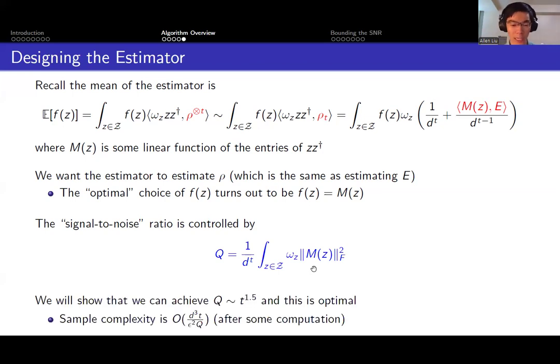We will show that we can achieve a signal to noise ratio q of t to the 1.5 and that this is optimal. After some computation, the sample complexity is d cubed t over epsilon squared q, and substituting in q equal to t to the 1.5 gives the d cubed over root t epsilon squared sample complexity claimed at the beginning.